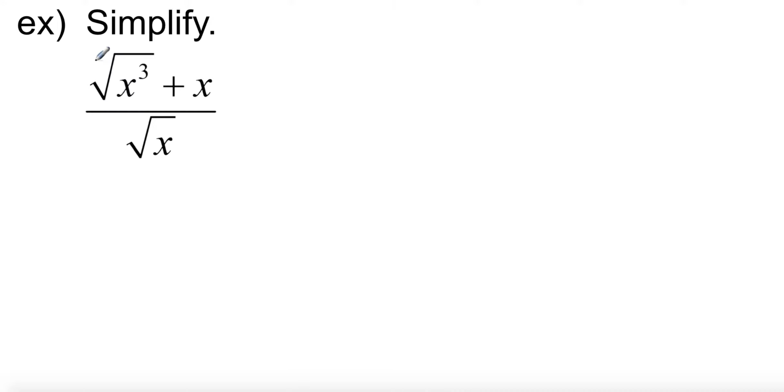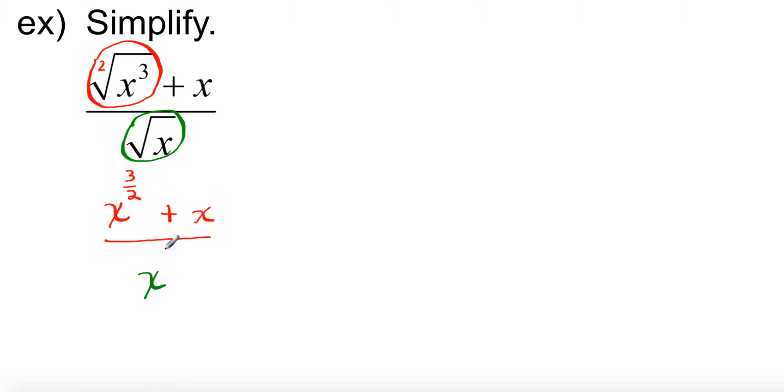So this first term, the square root of x cubed, becomes x to the 3/2 power. Okay, remember there's an understood 2 there because it's a square root, and that's your denominator piece. Plus x all divided by, then I'm going to take the square root of x and write that as x to the 1/2 power.